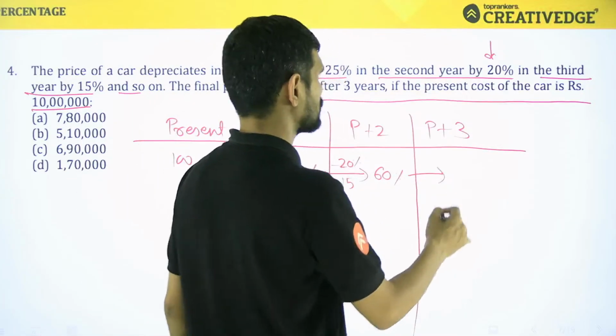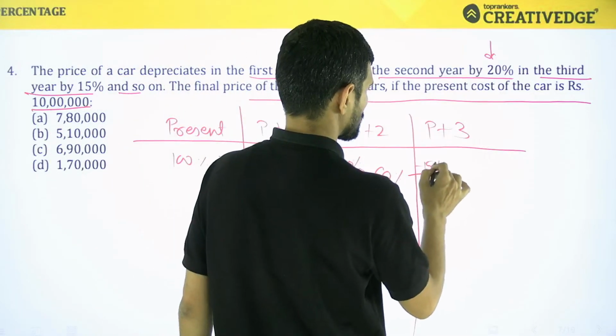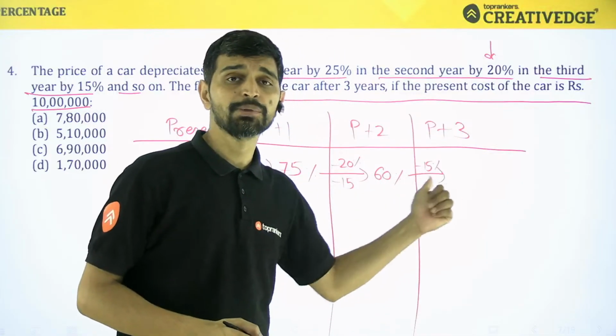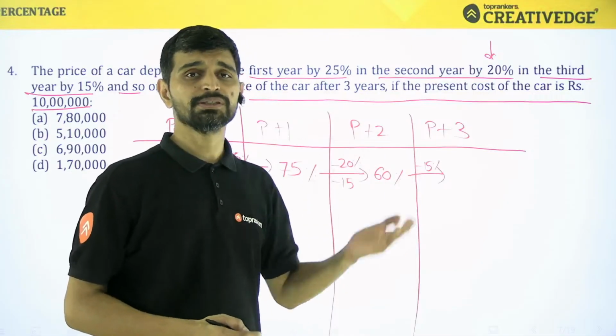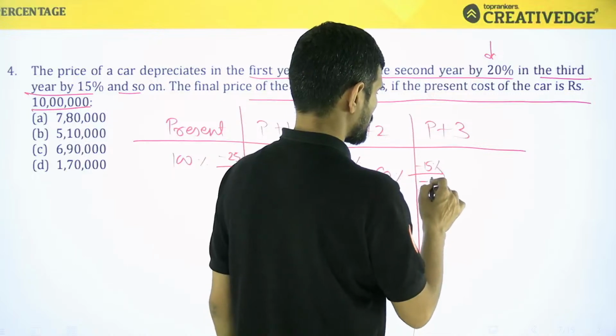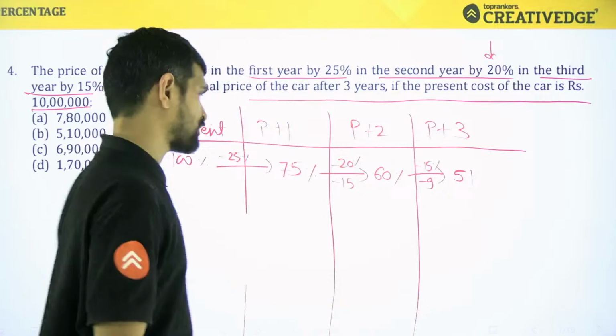Post that, third year there is a reduction of 15%. This time I need to calculate 15% of 60. 60 का 10% is 6, 5% is half of 6, which is 3. So 6 plus 3, 9 is what I will be reducing. Right. So this becomes 51.